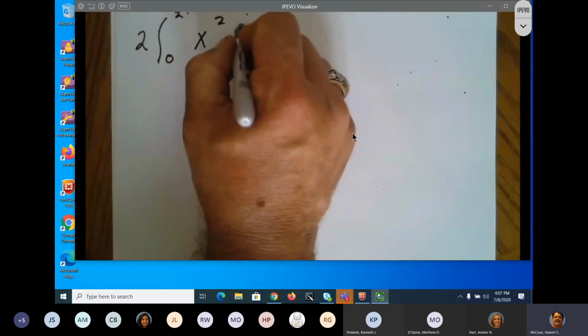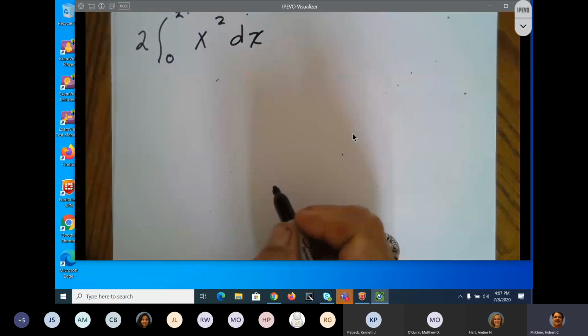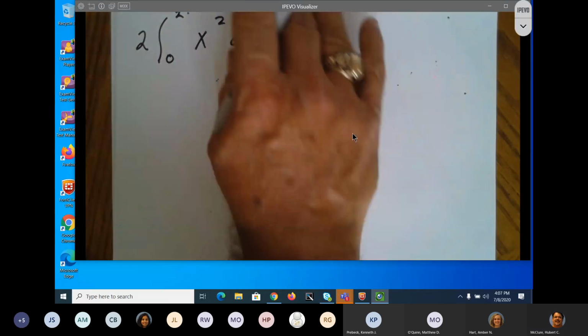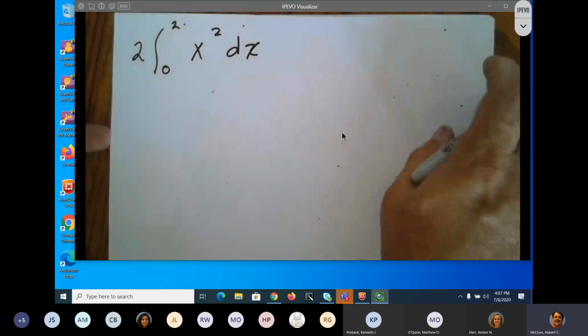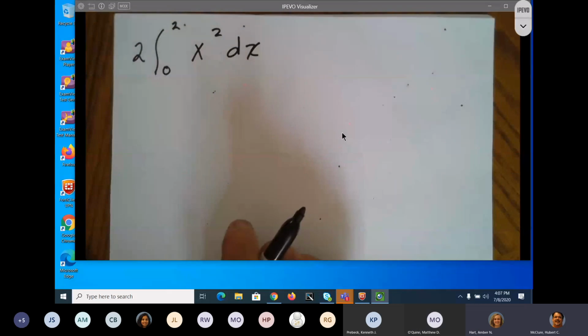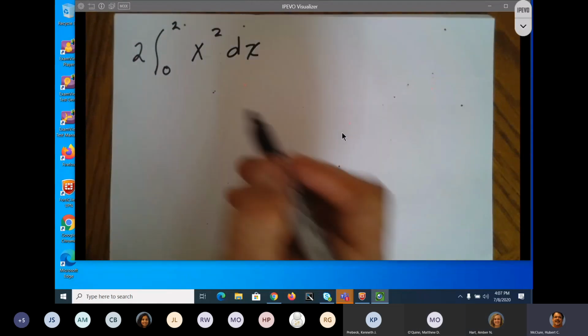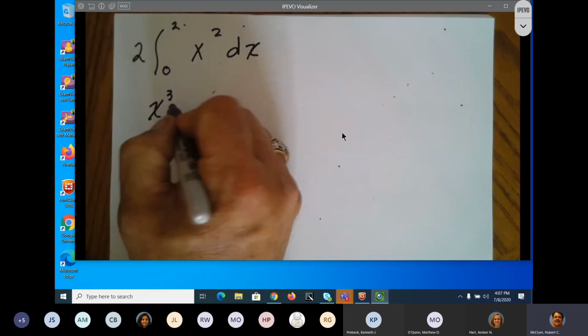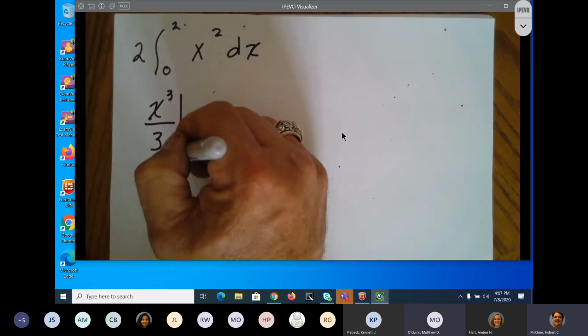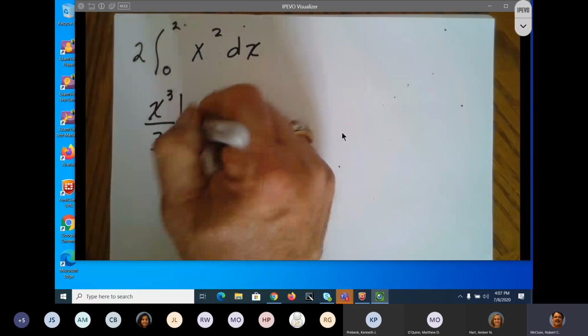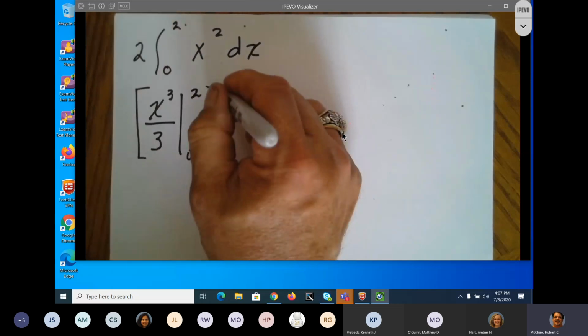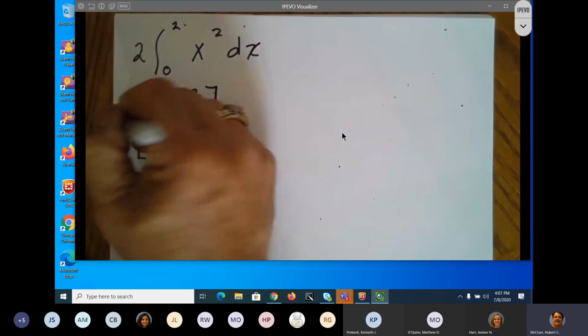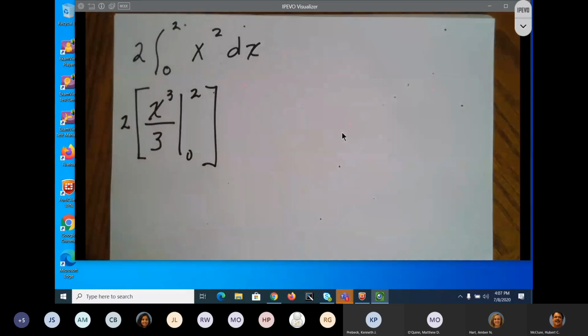So what is the antiderivative of x squared? X cubed over what? 3. Over 3, evaluated at 0 and 2 and multiplied by what? 2. Now remember, you can distribute that 2, or you can leave it out front. I'll leave it out front, because at the very end, whatever you get, you're going to multiply it by 2.